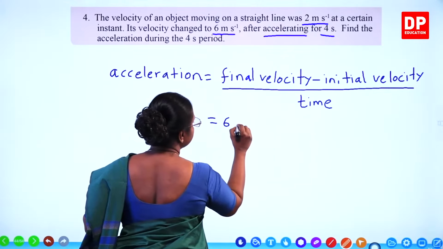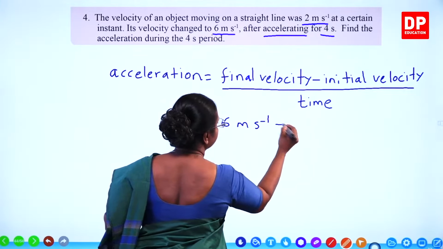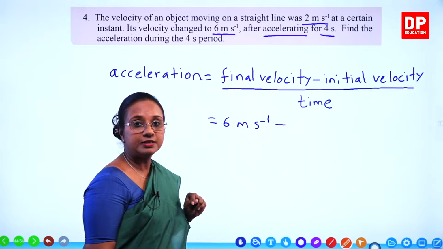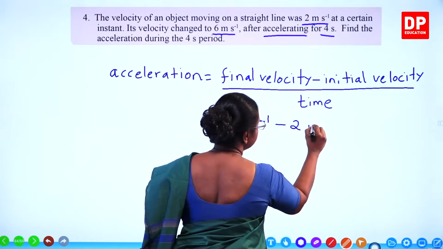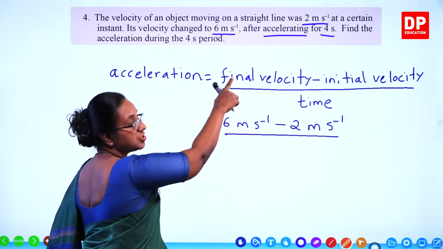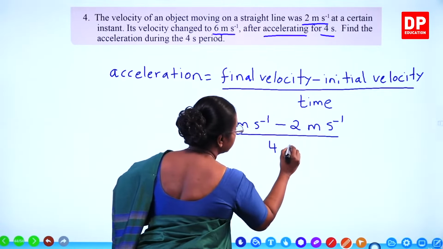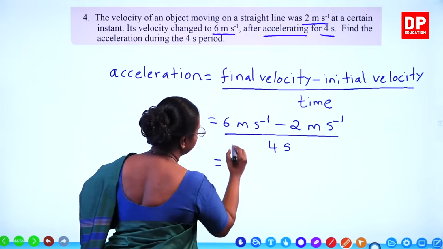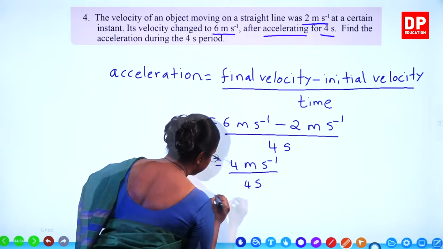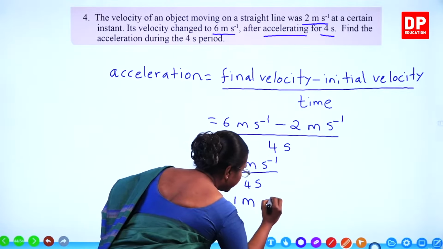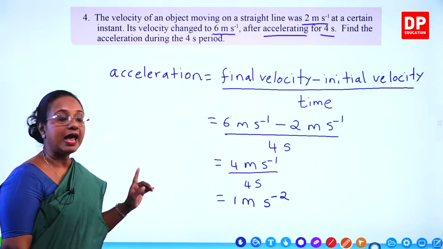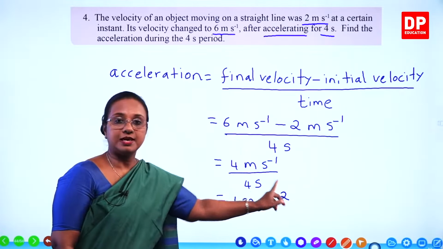So final velocity is 6 meters per second minus the initial velocity, which is given as 2 meters per second. So 6 meters per second minus 2 meters per second, and the time duration you all can see is 4 seconds. If we calculate, 4 meters per second divided by 4 seconds will be 1 meter per second square. So the object accelerated at the rate of 1 meter per second square.